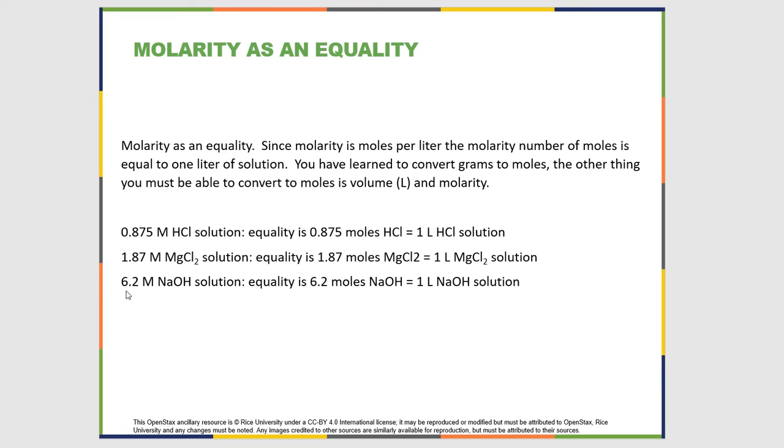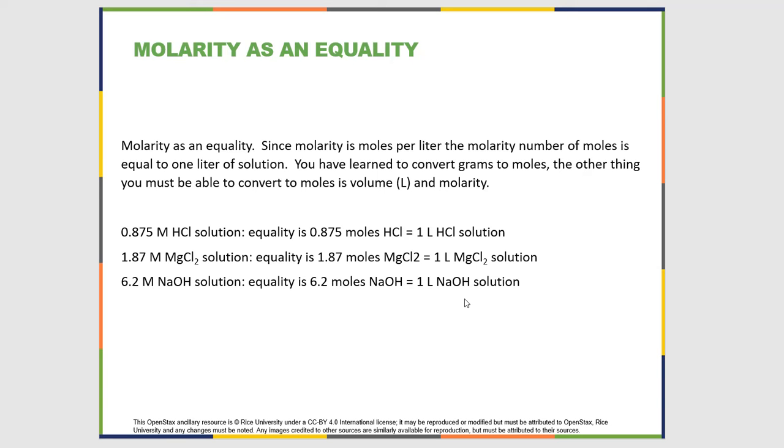If it's 6.2 molar, it means 6.2 moles of NaOH equals 1 liter of the solution. So notice, it's always the molarity number of moles, 0.875, 1.87, and 6.2. These numbers all match, and it's always equal to 1 liter of solution. So using molarity as an equality is extremely important in this class. So it's something we need to be able to do.